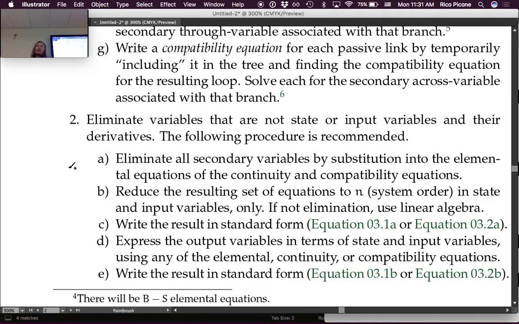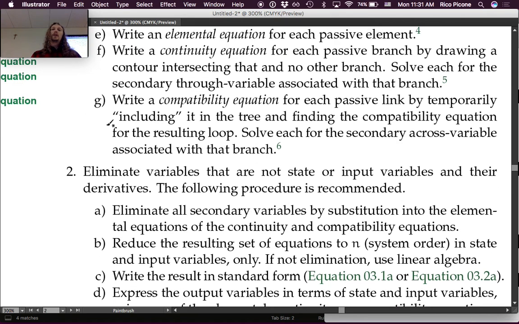We solved all of the continuity and compatibility equations for the secondary variable, the only secondary variable by construction that shows up in each of them, okay? We can use that to eliminate the secondary variable from every elemental equation. And that's what we can do as our first step. So 2A is to eliminate all the secondary variables.